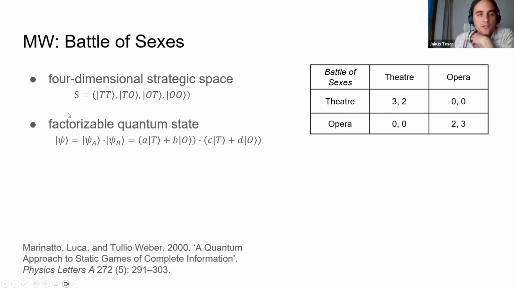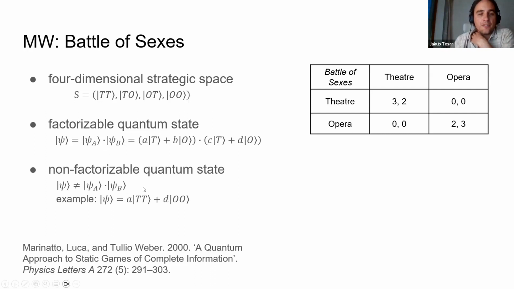If we assume that the initial vector was a product of the two, that means that the quantum state is factorizable. So we can divide it into the factor that goes to player A and the factor of player B. Nothing interesting is going on. We would get to the classical model.